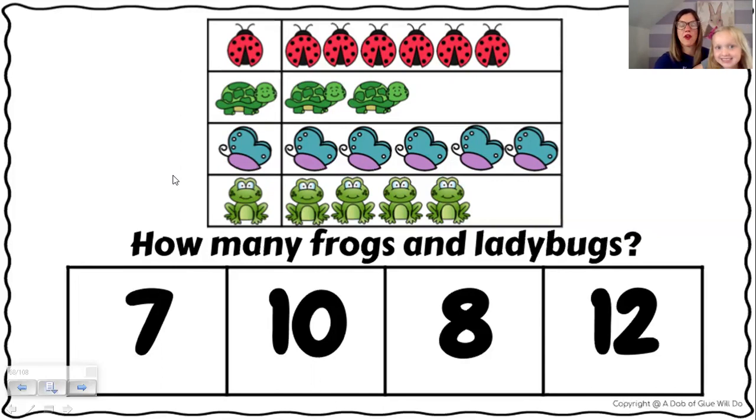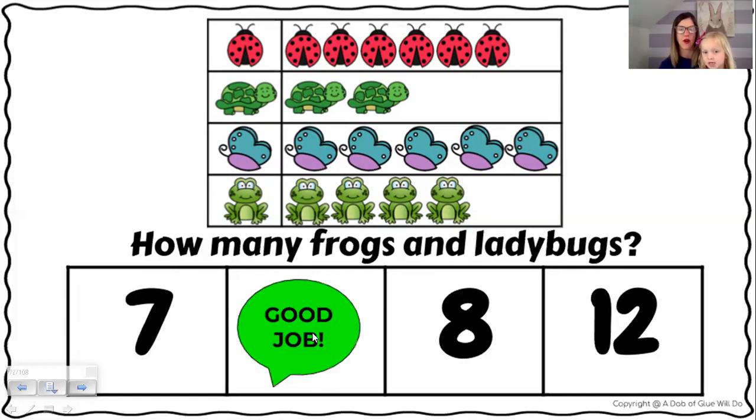That's 5. 5, 6, 7, 8, 9, 10. How do we write the number 10, Taylor? A 0 and a 1. Very good. It's a 0 and a 1, but it's not in that order. We write the number 10 starting with the number 1, and we end it with a 0. How many frogs and ladybugs? We're putting them together. Very good, boys and girls.